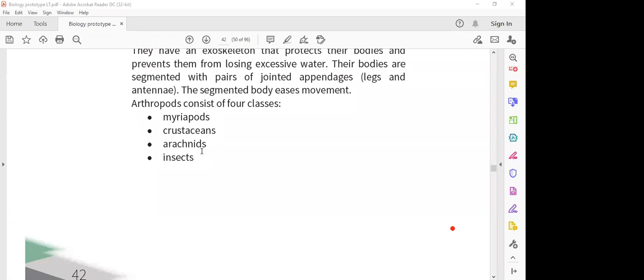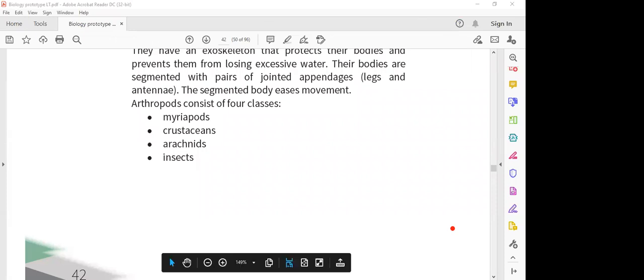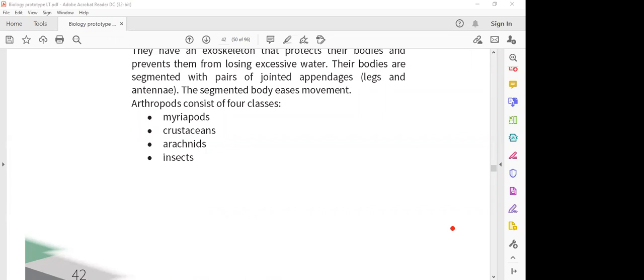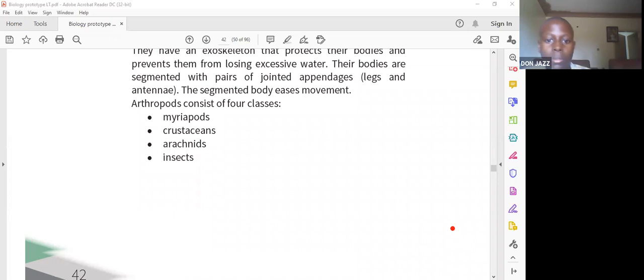Now someone is asking me about the bed bugs, where would they belong? Arachnids.